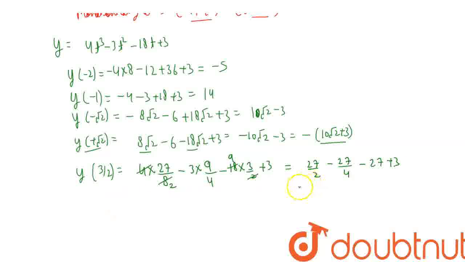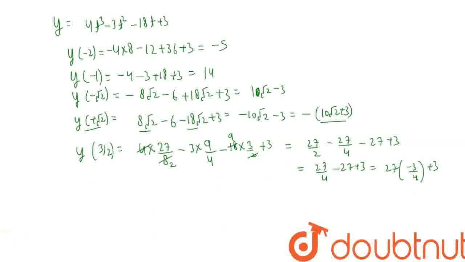So after solving this we get 27 by 4 from these first two terms, and here we have minus 27 plus 3. So if we take 27 common, then we get 27 times of 1 minus 4, that is minus 3 by 4. So here we have minus 3 by 4 like this, and here we have the plus 3. So on solving this we get minus 69 by 4. So this is the value of y of 3 by 2.